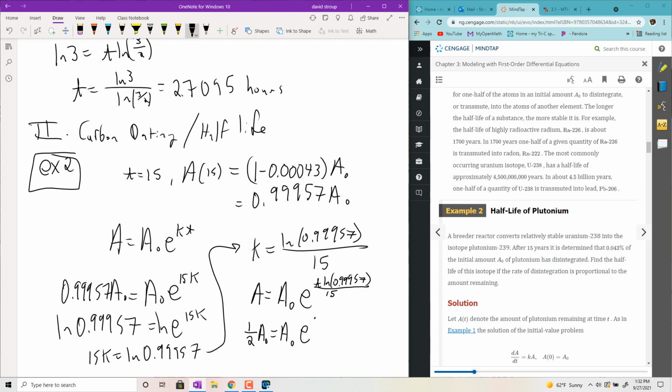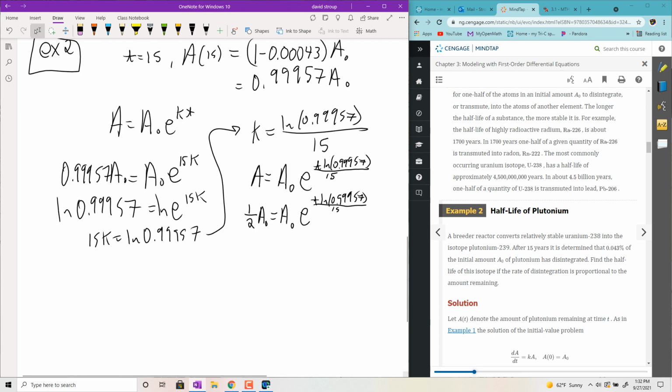Okay, so e to the t ln of 0.99957 all over 15. Divide both sides by A sub 0, so we get 1/2 equals e to the t ln of 0.99957 all over 15.